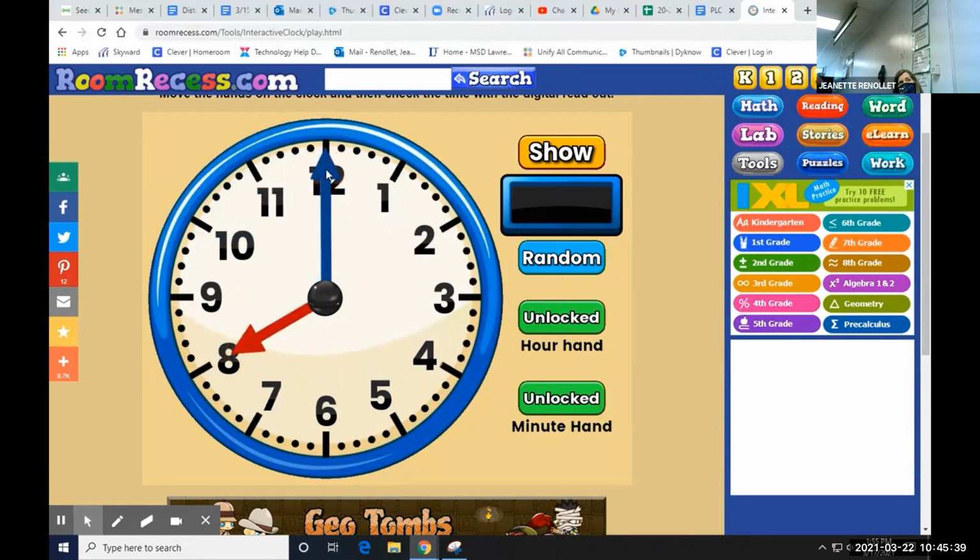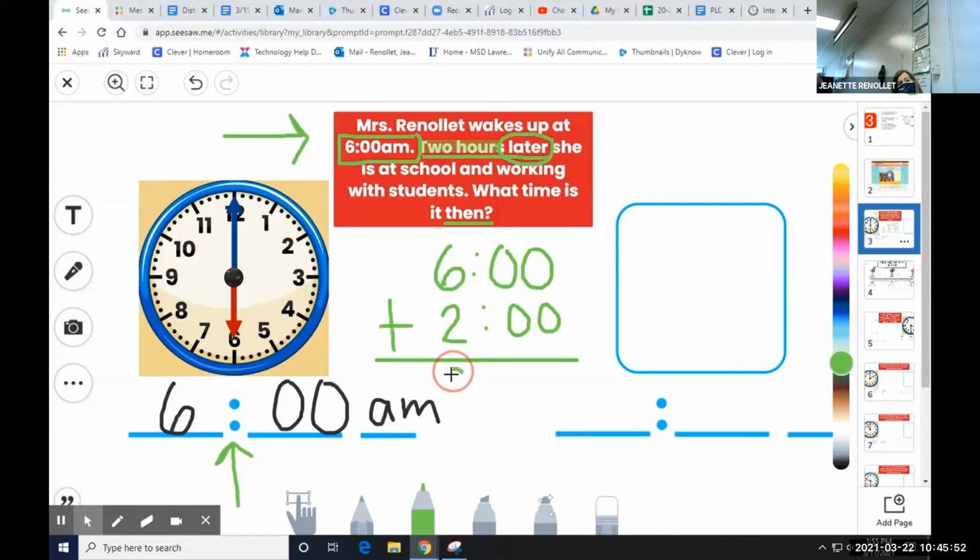Notice that your minute hand has gone around 2 whole times. 2 hours later than 6 o'clock is 8 o'clock. I can prove that by adding them together, and I can prove it on my clock.